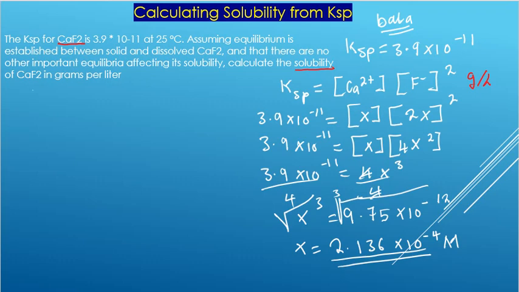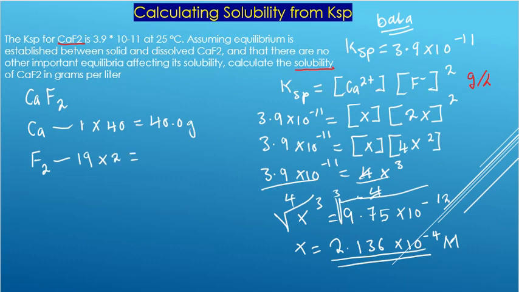So our molecule is simply calcium fluorine. So calcium, this is 1 multiplied by 40. You find the molecular mass of calcium, and of course you get your 40.0 grams. Fluorine, okay, so this is 2 multiplied by 19.